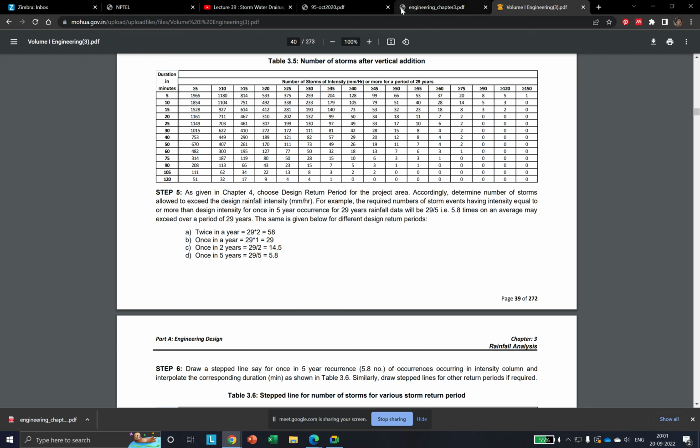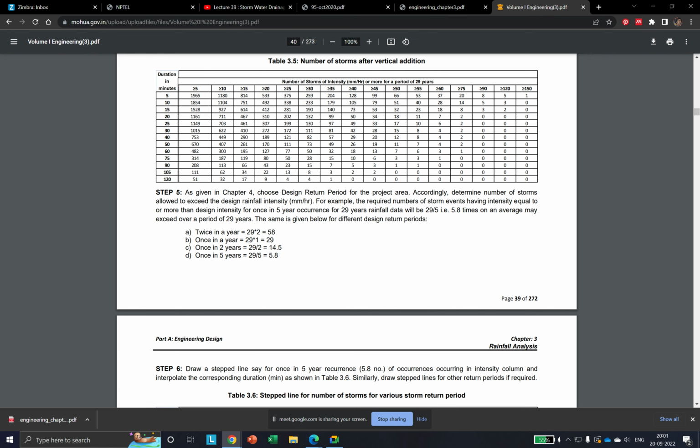In our lecture also, we were mainly talking about a 5-year occurrence. The data that we have is for 29 years. So now, for every 5 years, we need to find the maximum, or what threshold value we need to take so that a storm event will happen.